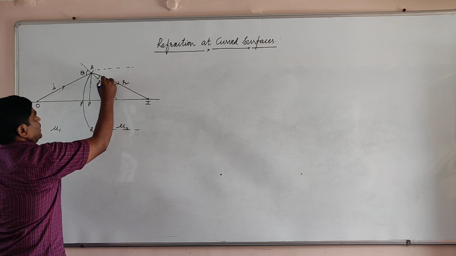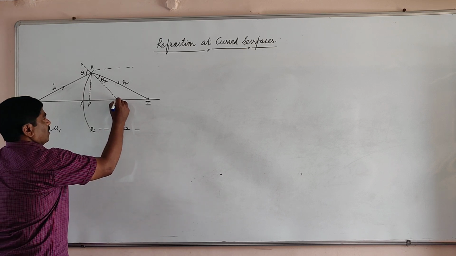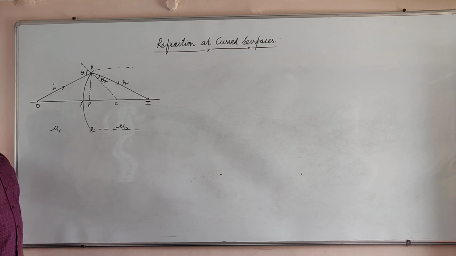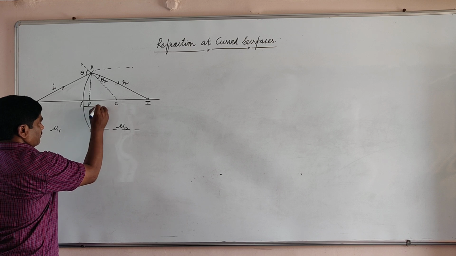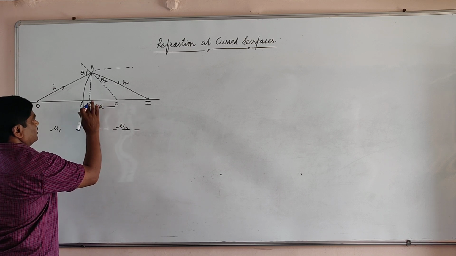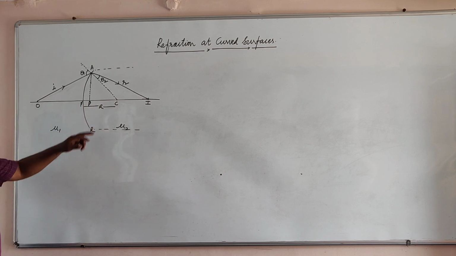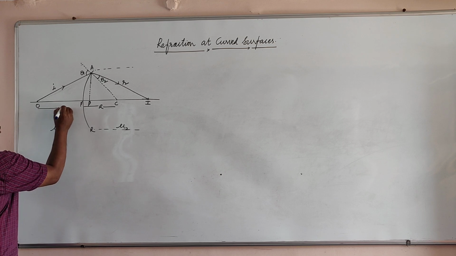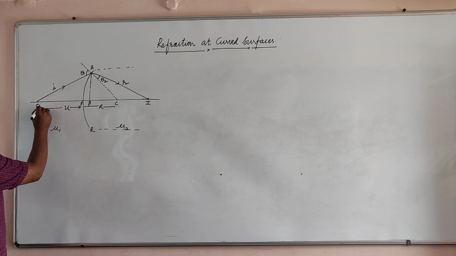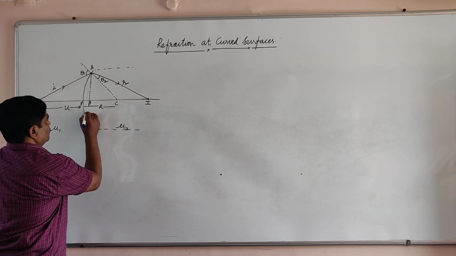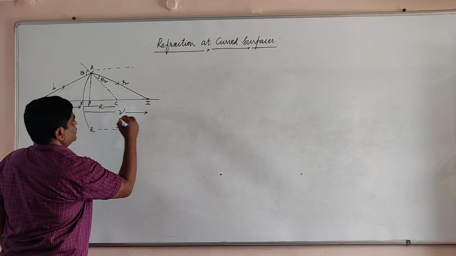The normal always passes through the center of curvature, and the distance from the curvature to C is nothing but the radius of curvature. The distance from the object to P is the object distance, and the distance from the curvature to the image is the image distance.